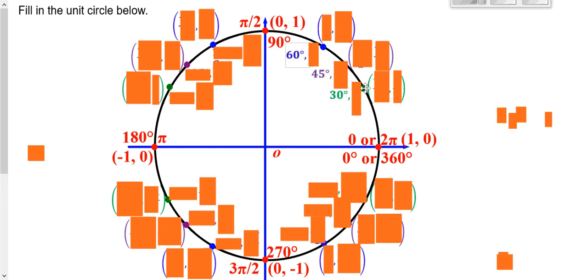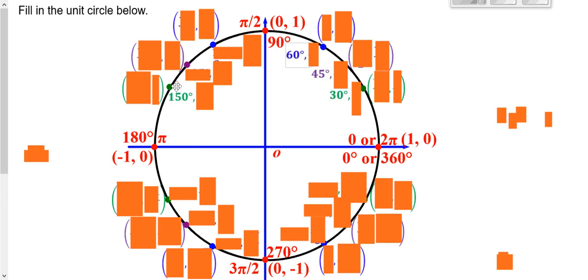Now, 30 degrees is going to be approximately here. So if I'm up 30 degrees, this green point here matches with all the other green points. Over here I'd be 30 degrees back from 180, or 150.